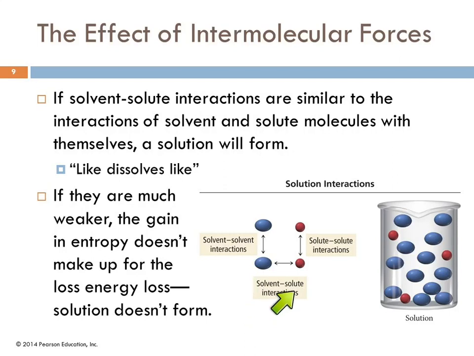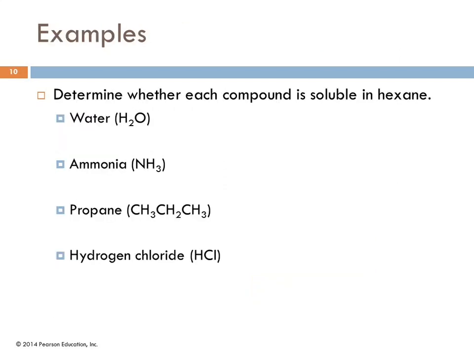If the solvent-solute interactions are very strong, they can make up for that, and it will form a solution. If these are very weak, they're not going to compensate for that. And if the entropy gain doesn't make up for the energy loss, then the solution will not form. You'll have your solid sitting as a lump on the bottom of your beaker, or you'll have your oil floating on the top of the liquid.